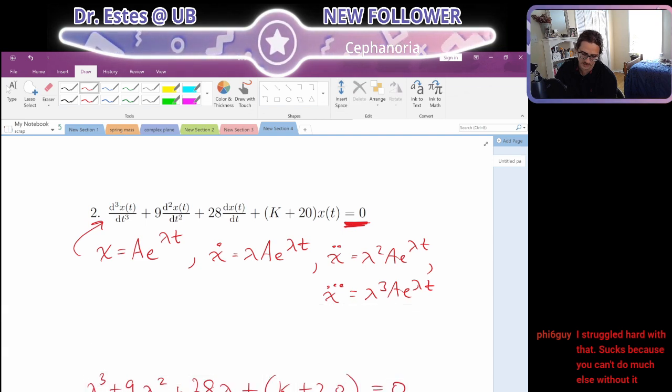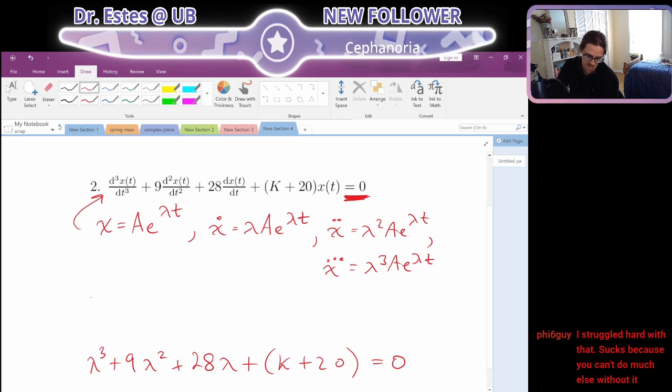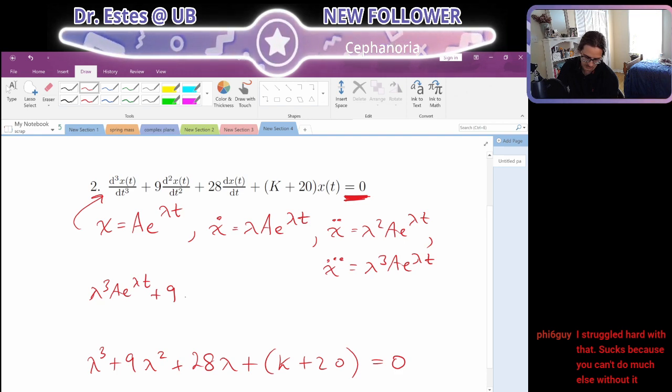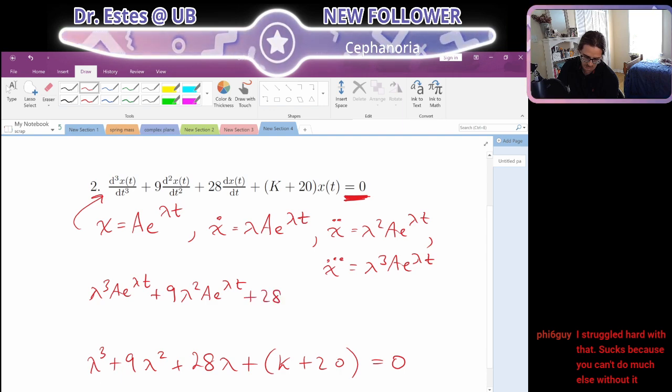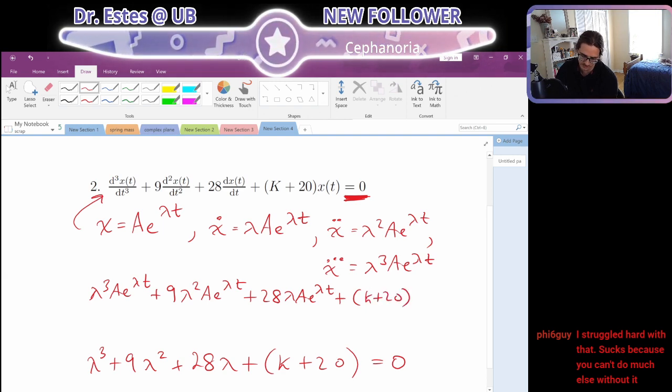So then I just substitute these into that equation. So like the third derivative was this, plus 9 times second derivative plus 28 times the first derivative plus k plus 20 times the 0th derivative.